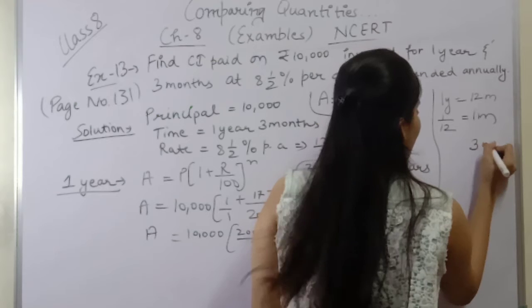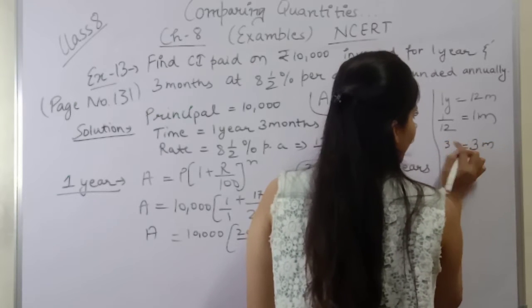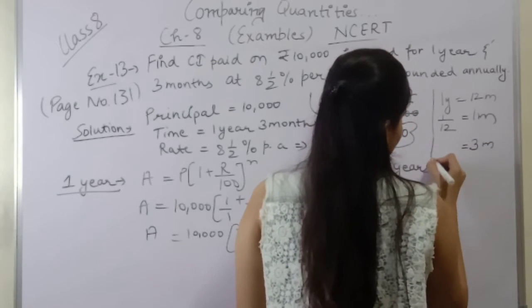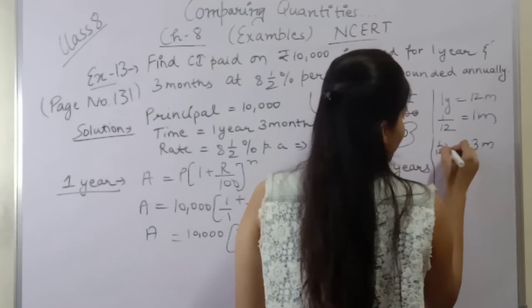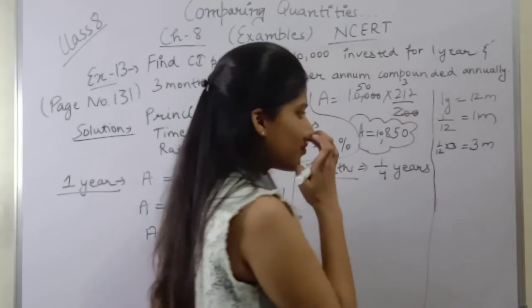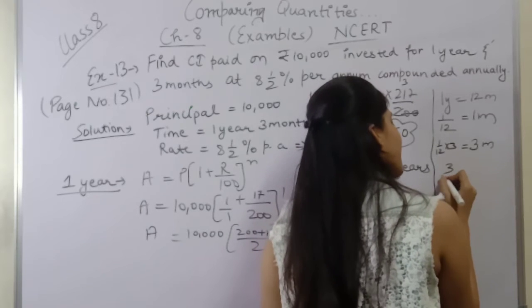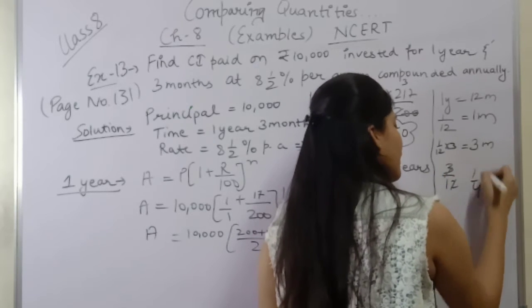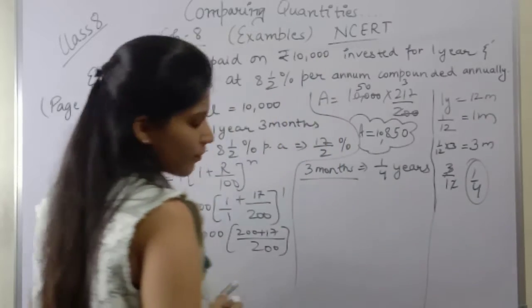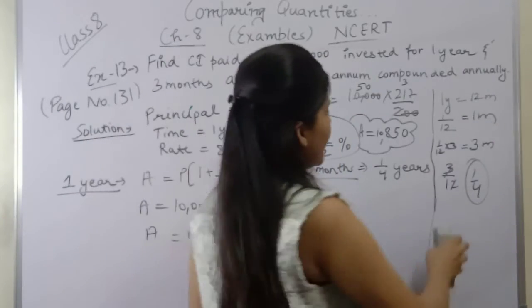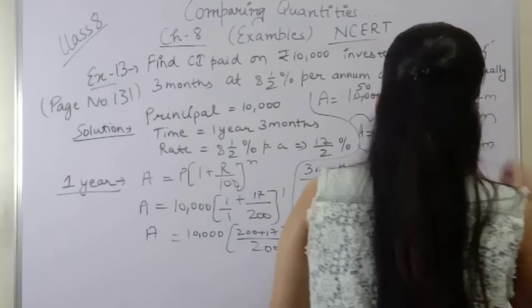So 3 months में 1 upon 12 इंटू 3 हो गया. वापस से ट्रांसपोज हो जाएगा ना. 3 months में इंटू 3. So this will be 3 upon 12 means 1 upon 4. ठीक है. So 3 months में हमारे पास कितने years हैं? 1 upon 4.